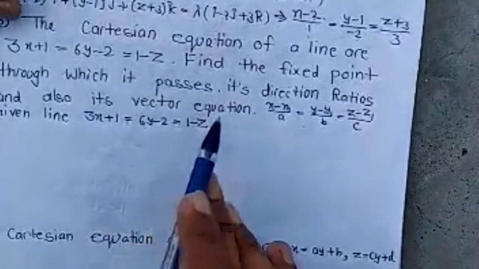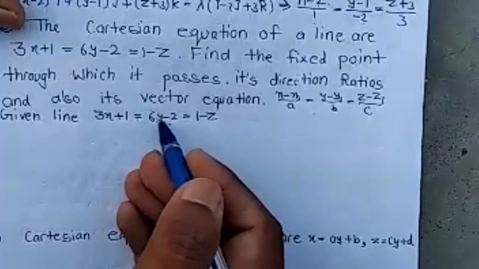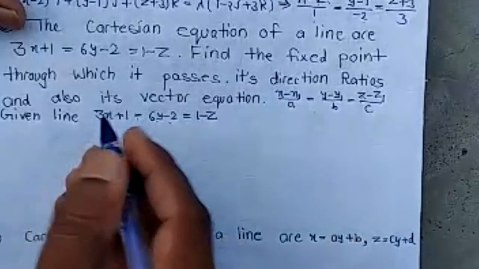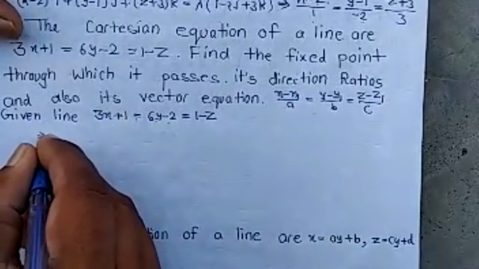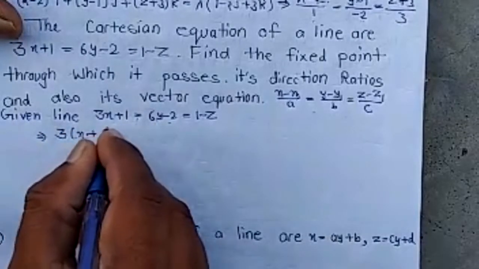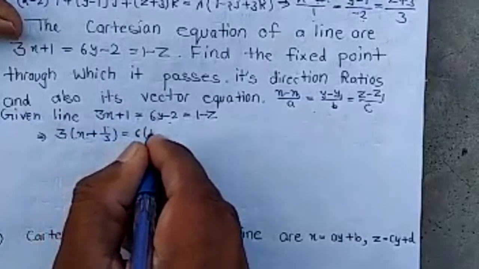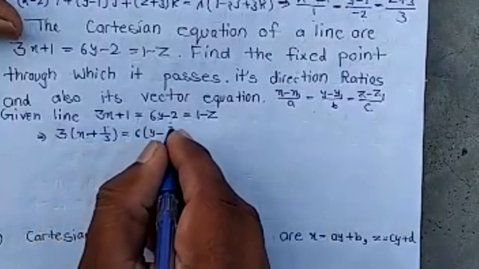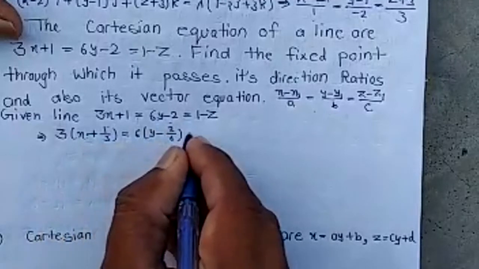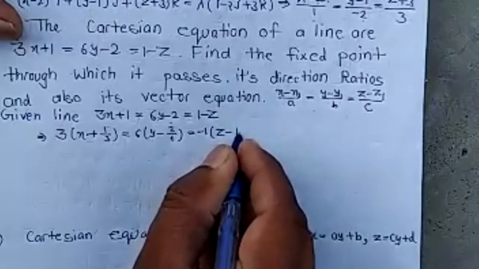Then we change this equation into vector form. In order to change it into this form, firstly we take 3 common. It is x plus 1 by 3. Here 6 common: y minus 2 by 6. Minus 1 common: z minus 1.